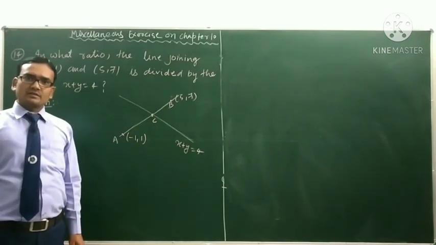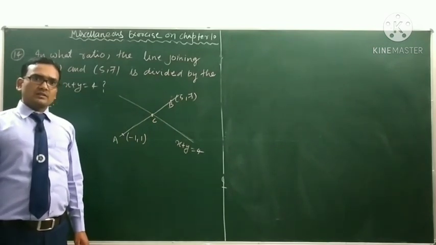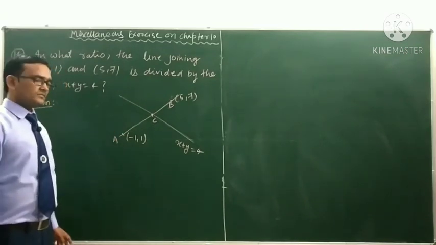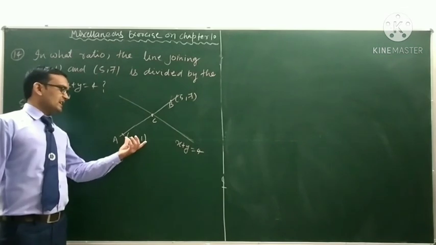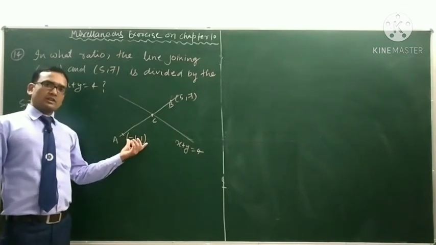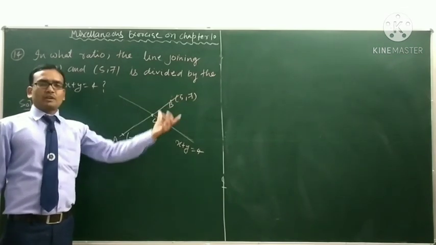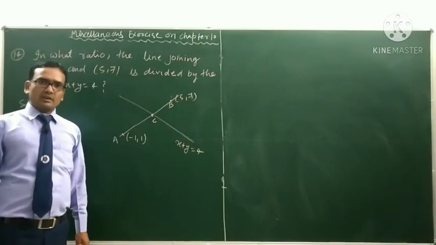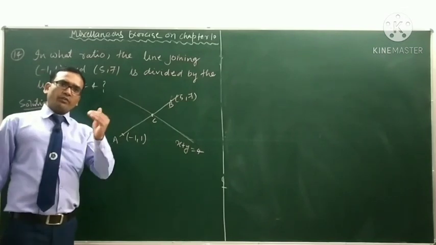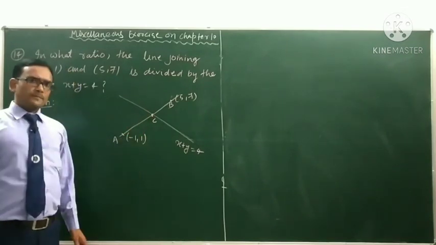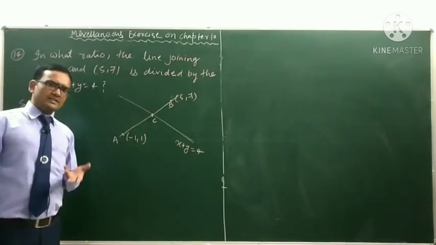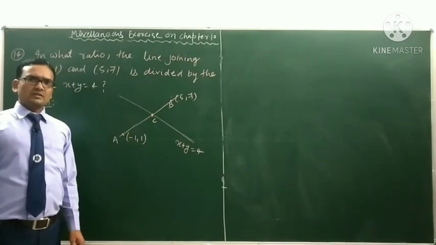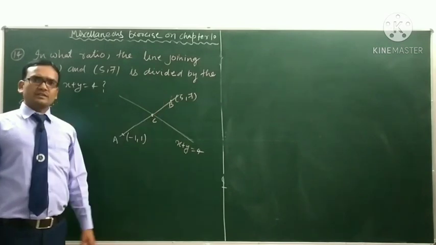Okay students, in this question it is given that the coordinate of point A is (-1, 1) and the coordinate of point B is (5, 7). If we find the coordinate of point C, we can easily find the ratio AC to BC.